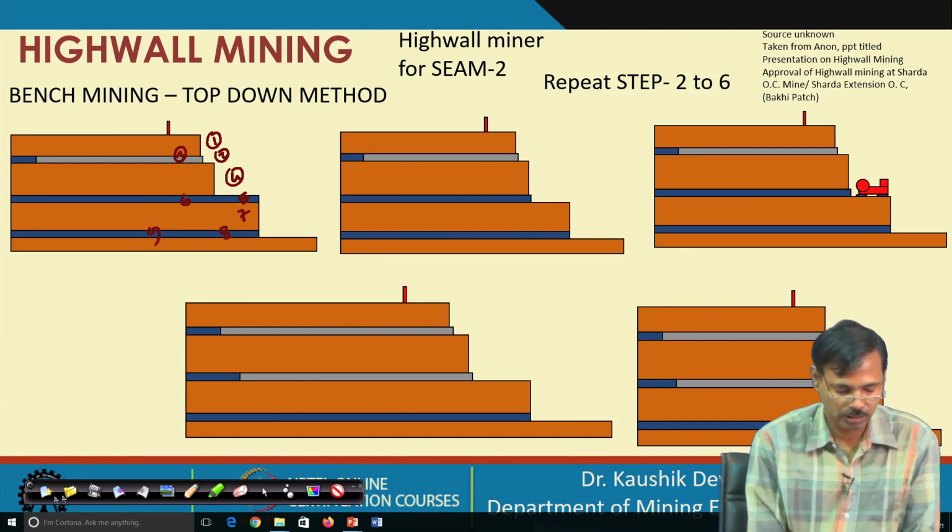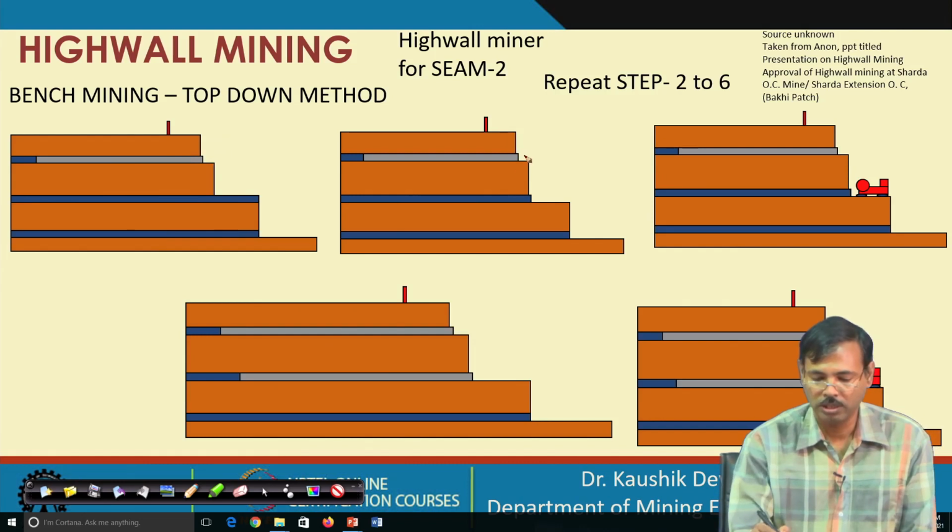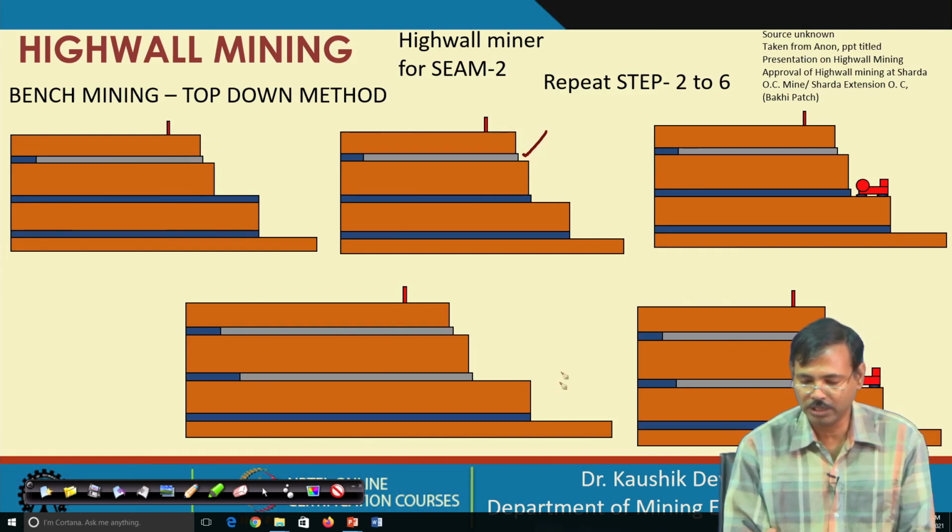So, you can see the same way we are doing: the high wall miner excavates this one, then we are removing this overburden, this coal, then again we are installing the high wall miner, taking out this one.